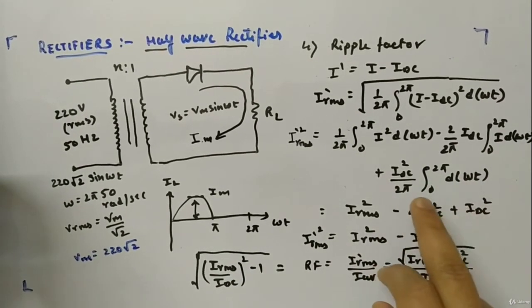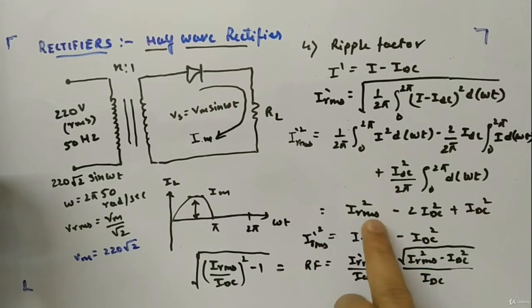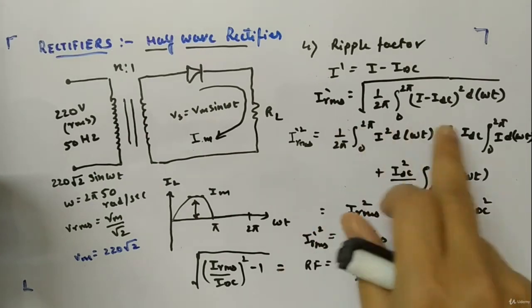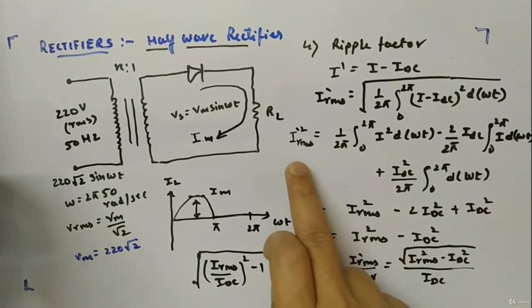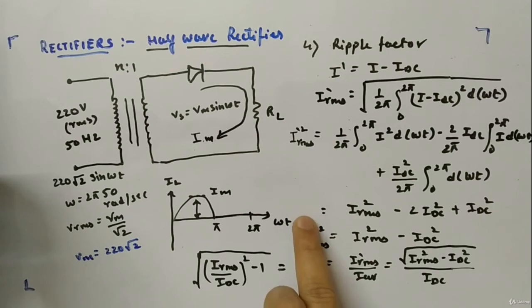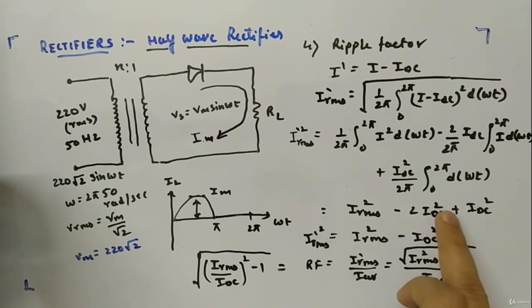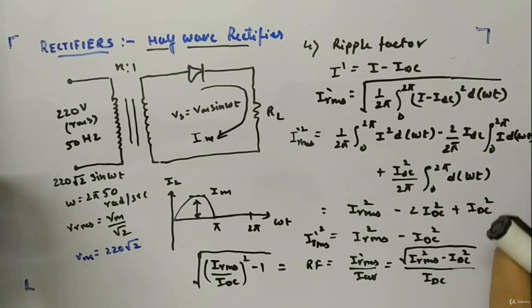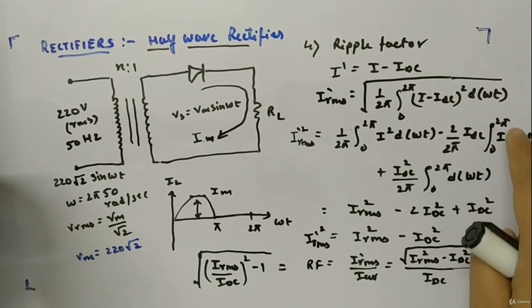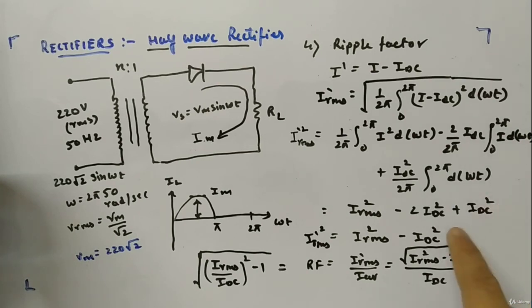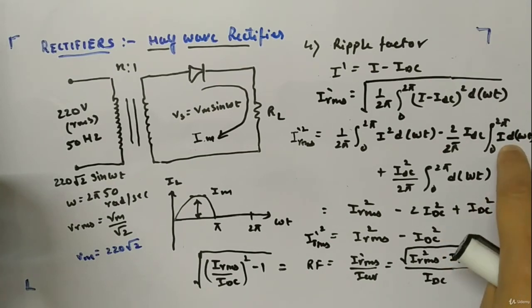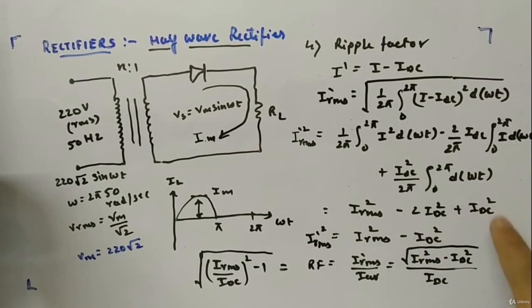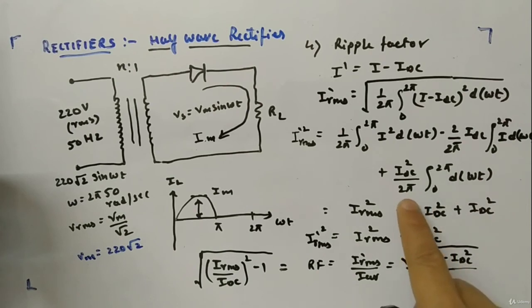Now what will happen? This can be written as IRMS square, whatever the current is, its RMS value it is indicating, and its square because under root is not there. Here, minus 2 IDC square. This IDC is as it is, 2 is as it is, and the rest of the term, 1 by 2 pi, integral 0 to 2 pi, I d omega t, is the DC value of I. That's why it becomes square, and this is IDC square because this term will be 1.